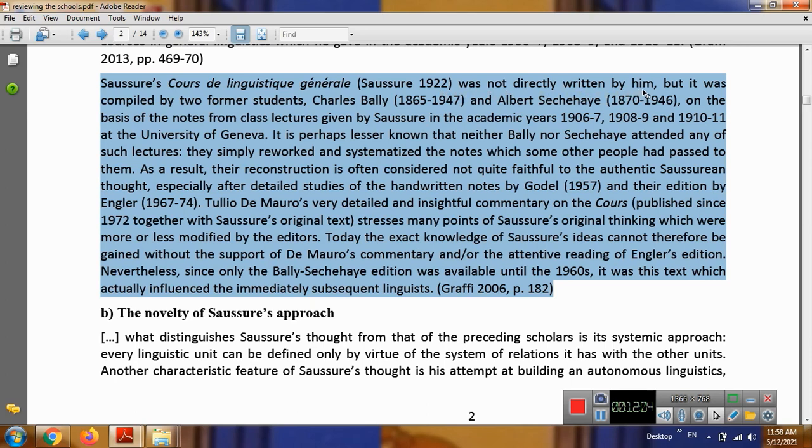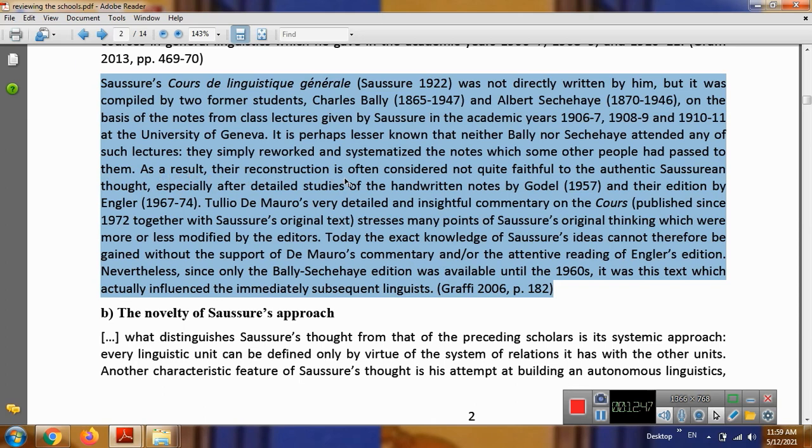It was compiled by 2 former students, Charles Bally and Albert Sechehaye, on the basis of the notes from class lectures given by Saussure in the academic years at this time at the University of Geneva. It is perhaps lesser known that neither Bally nor Sechehaye attended any of such lectures. They simply reworked and systematized the notes which some other people had passed to them.